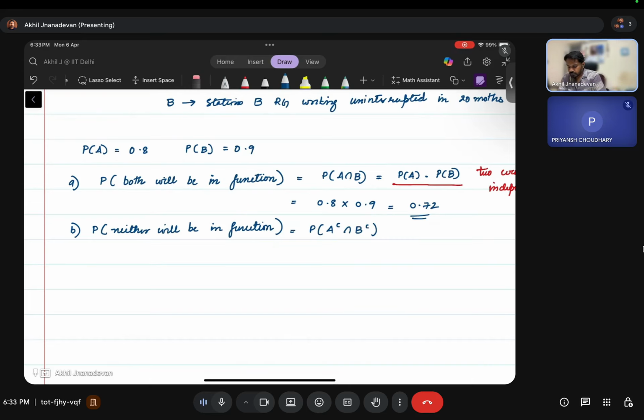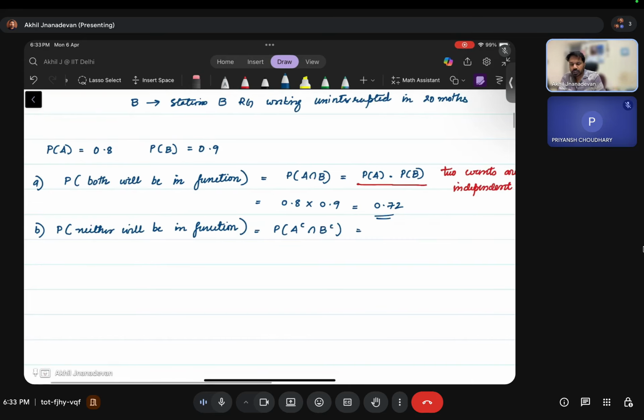Since A and B are independent, their complements are also independent. So we can write it as P of A complement into P of B complement.